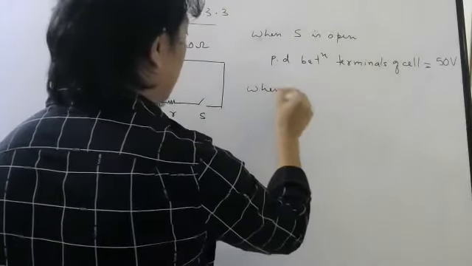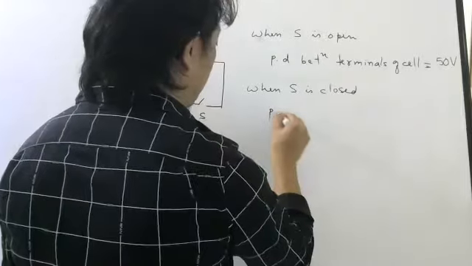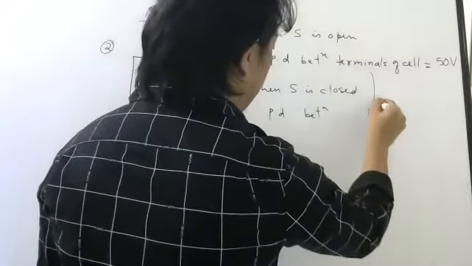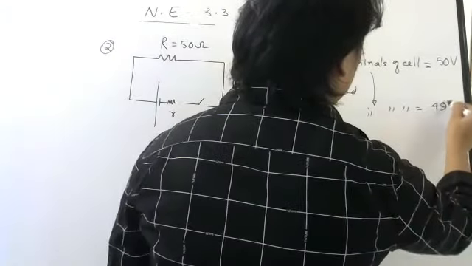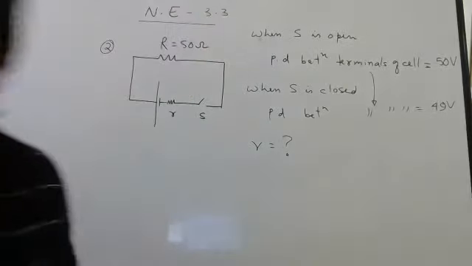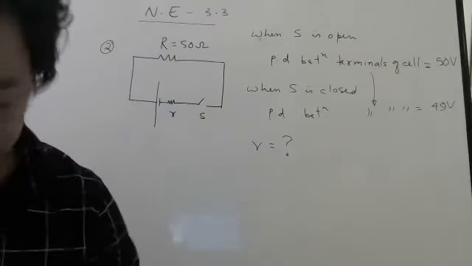And when the switch is closed, the potential difference between the terminals of the cell is given as 49 volt. You have to find R. So you have to find the internal resistance. External resistance is given.